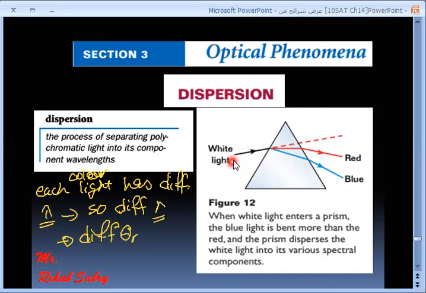So they enter the glass together, but each one refracts at a different angle, so they are separated. We explained this several times last quarter.